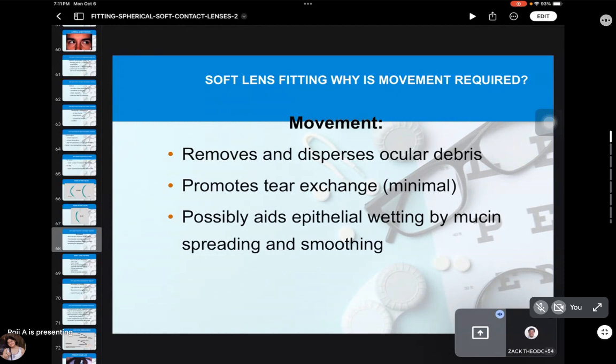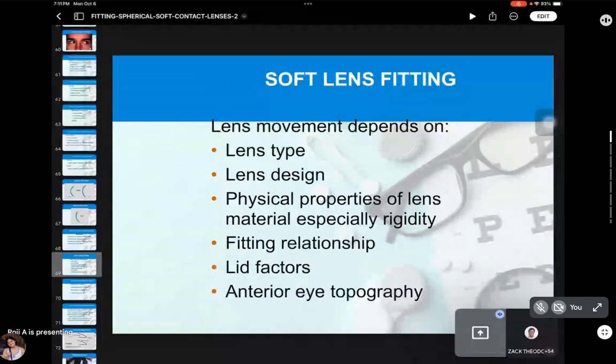Okay, that's the reason why. So far that's self-explanatory. Soft lens fitting: lens movement depends on lens type, lens design, physical properties, fitting relationship, lid factor, and the eye topography, such as too steep or too flat.